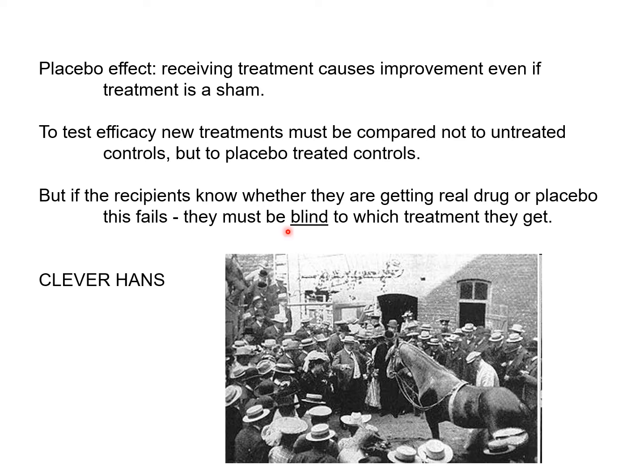So for this reason, the individuals getting the drug must be blind to which treatment they get. The people getting the treatment can't know. And in fact, even more than this, there's an extra kind of blindness we need to add, and this all has to do with a particular horse called Clever Hans, who could do math.